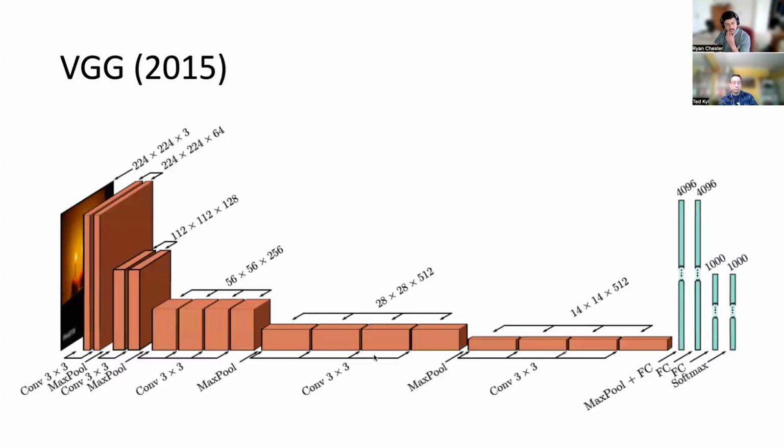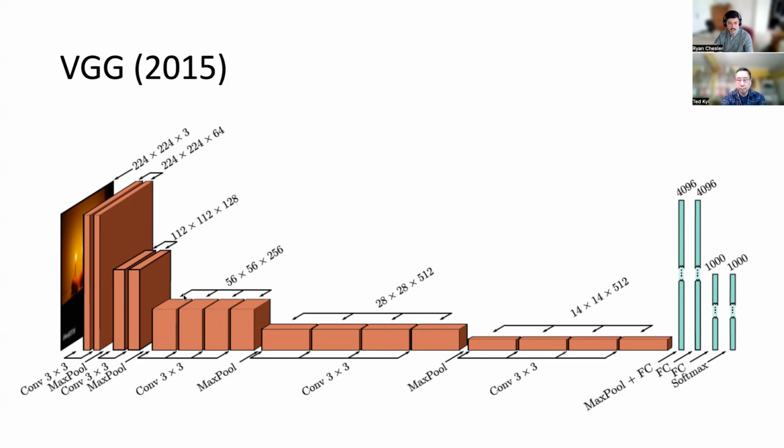And then a few years after this, people tried out a whole bunch of different networks and they came across this VGG. It's very similar, but it's just an optimized network of the similar principles. So they did 3 by 3 convolutions, max pooling a few times, and then at the end we get to 14 by 14 by 512, and then they do the same thing of let's flatten this out and then do a few linear layers.